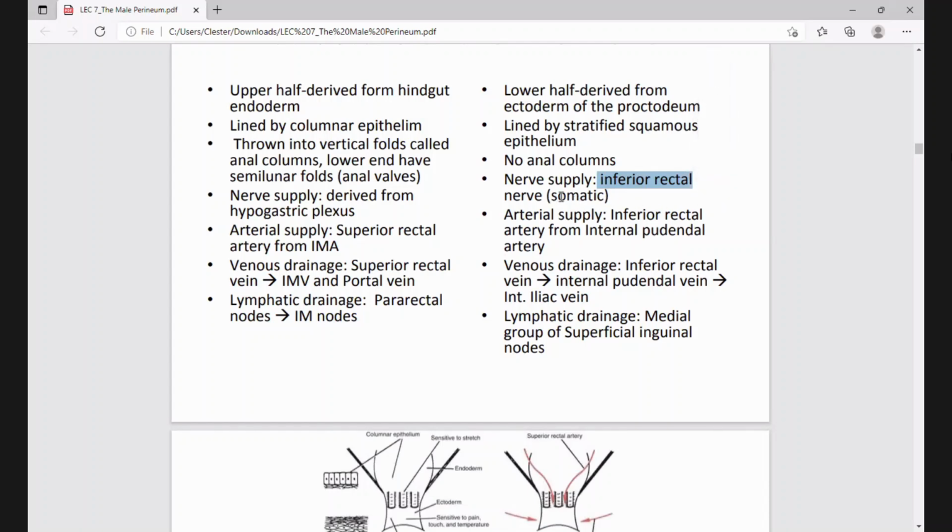That's why the lower half of the anal canal is sensitive to general sensation, meaning pain, touch, pressure, temperature, while the upper half is innervated by the autonomic bilateral hypogastric plexus. So it's basically sensitive to stretch, but not to other sensory impulses.